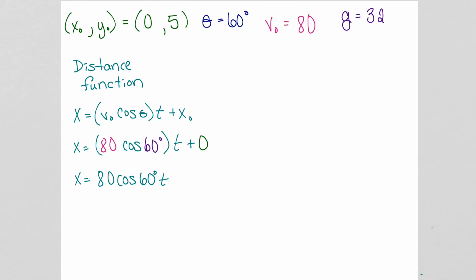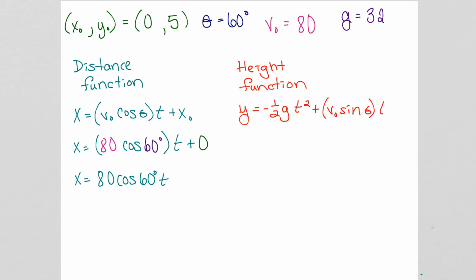And then we will look at our height function. The height function is defined as negative 1/2 g t squared plus v naught sine theta times t plus y naught.